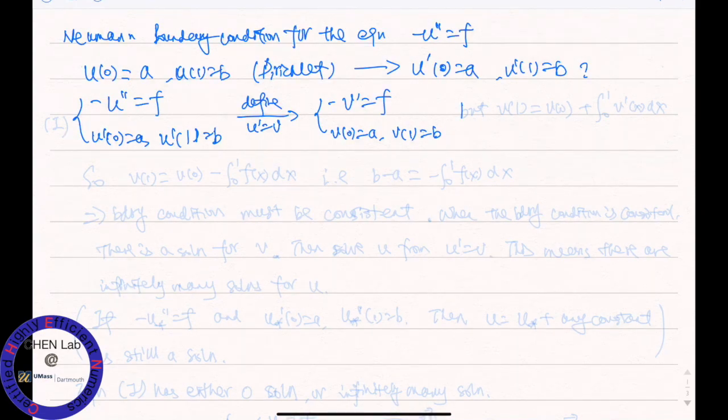On the other hand, we know that v(1) is v(0) plus the integral from 0 to 1 of v prime of x dx.